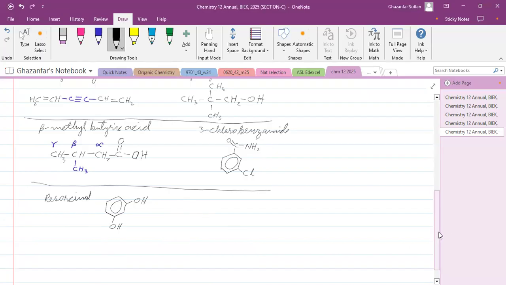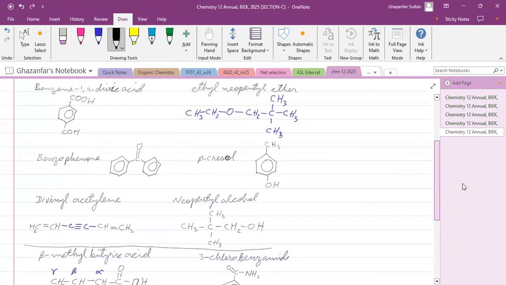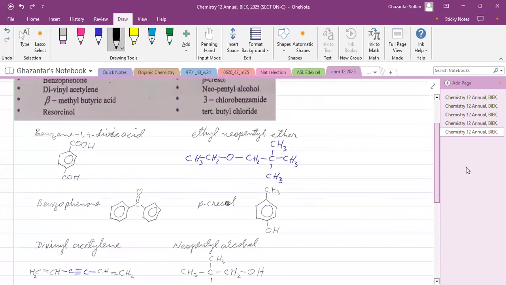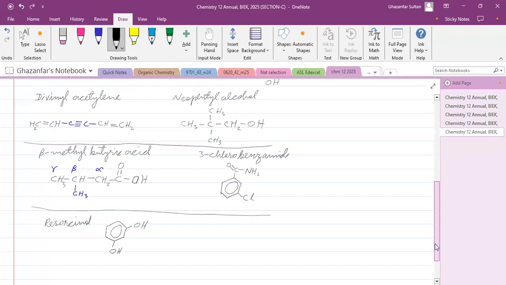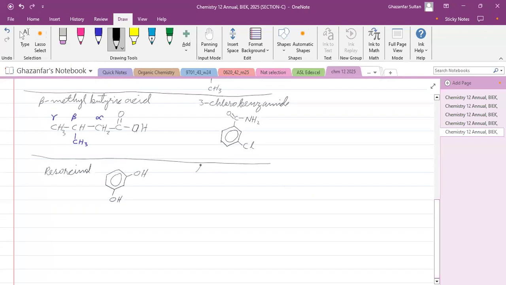And after resorcinol, we have tert-butyl chloride. First we should draw the tertiary butyl group.